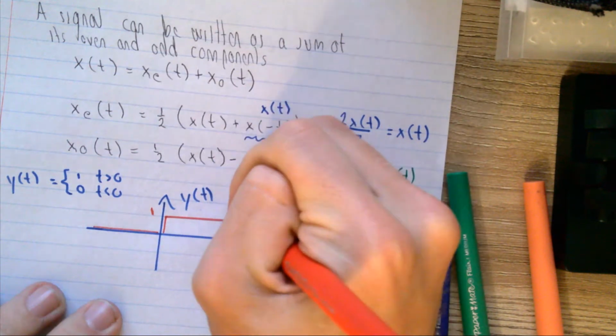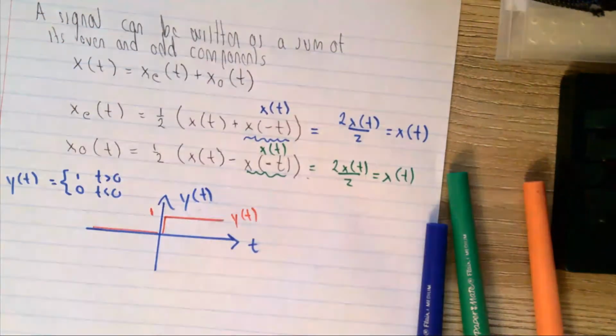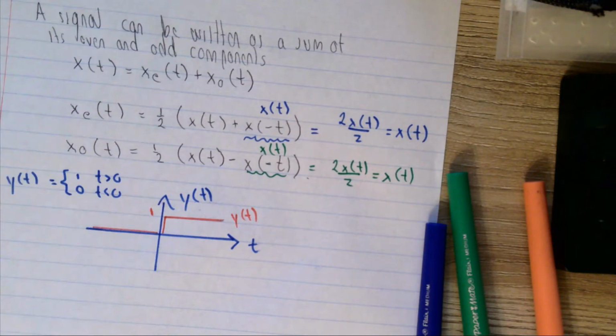And now we need to get the even and odd components for the signal. So for the even component, what is it going to look like and what is the odd component going to look like? Because they have to add together in order to produce the result.